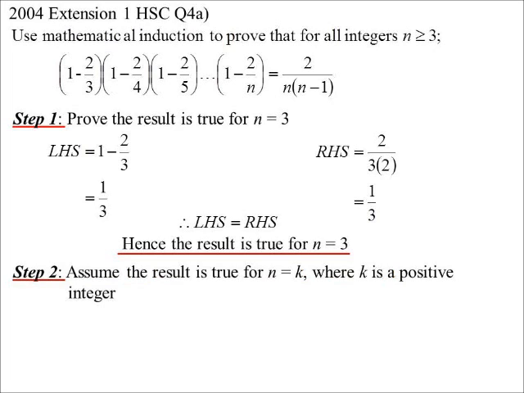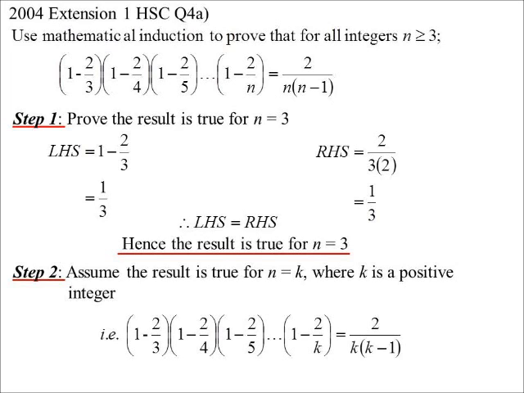So our assumption, where k is some positive integer, I didn't bother specifying k was greater than or equal to 3 in this one, so I guess I probably didn't need to use that fact in my proof. But I suppose technically I should have made k greater than or equal to 3 as well. So we're going to assume that to be true.